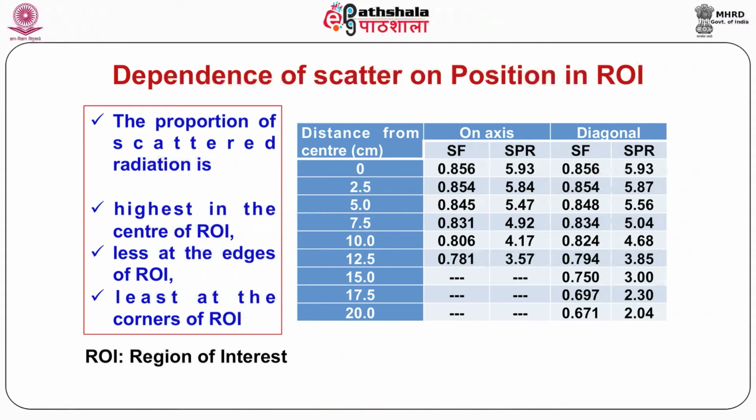The proportion of a scattered radiation is found to be highest in the center, less at the edges and least at the corners of the field. So just to show the dependence of a scatter on position in region of interest, we have collected data from different locations of the region of interest.